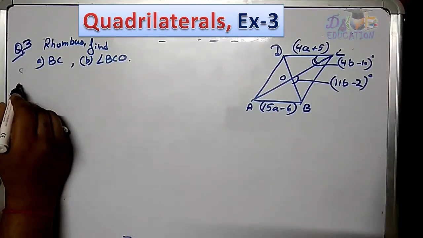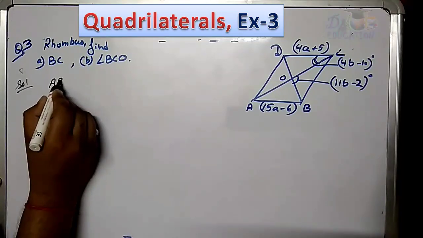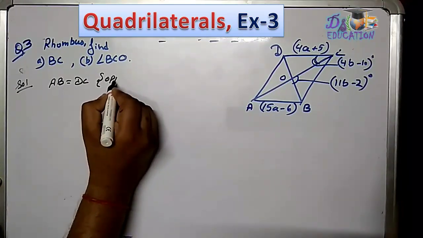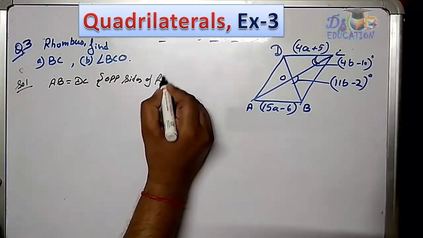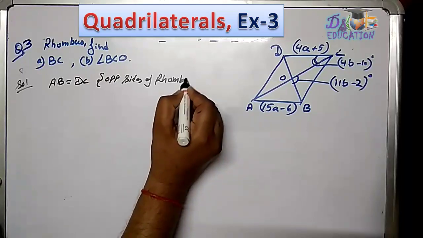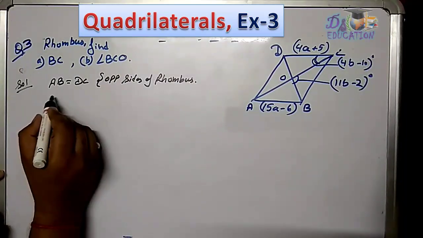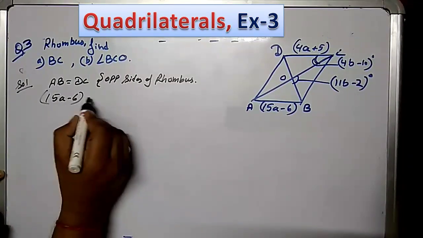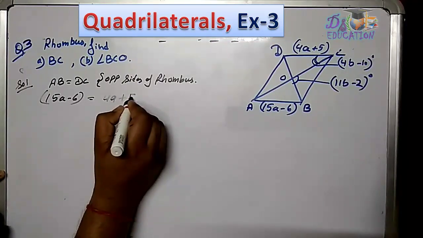So first thing we will write that AB is equal to DC. Why? Opposite sides of rhombus. Okay students, opposite sides of rhombus. So now 15a minus 6 is equal to 4a plus 5.